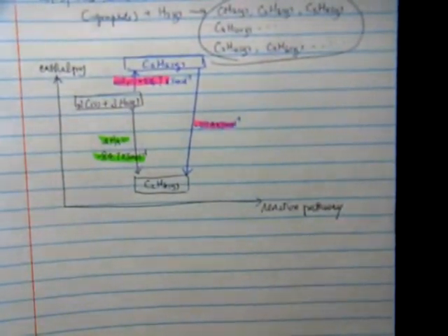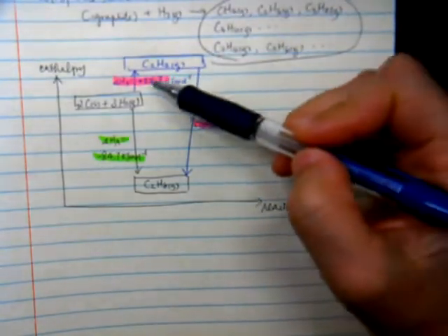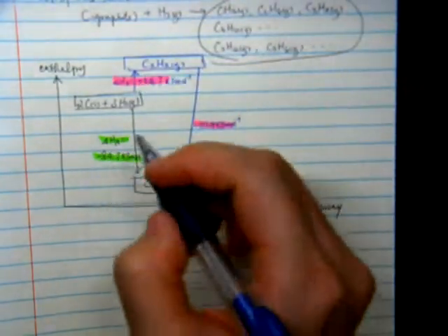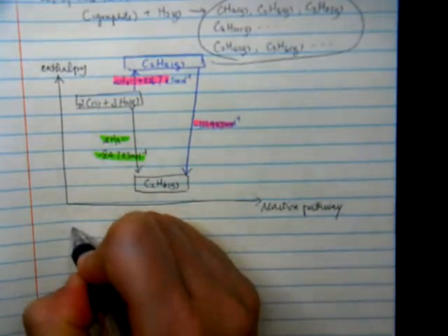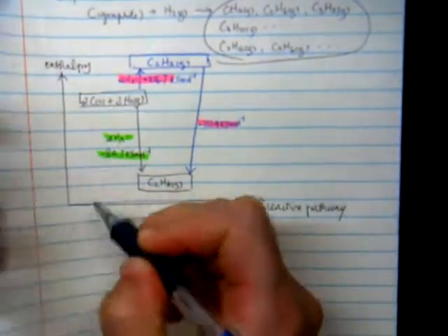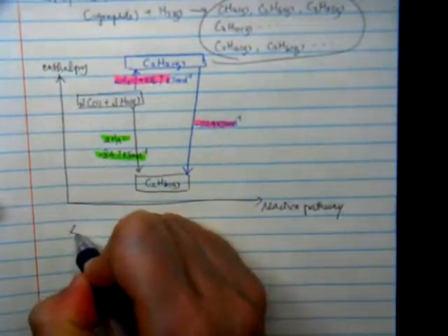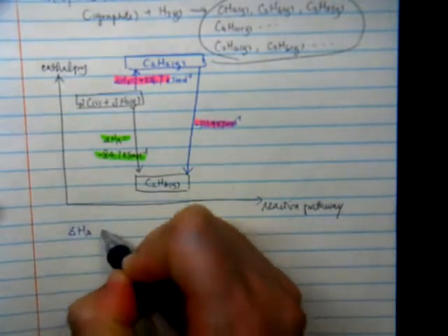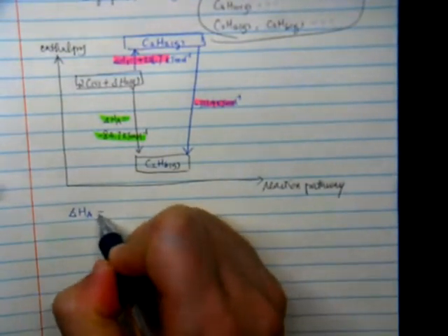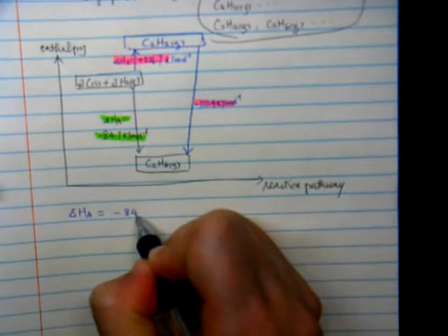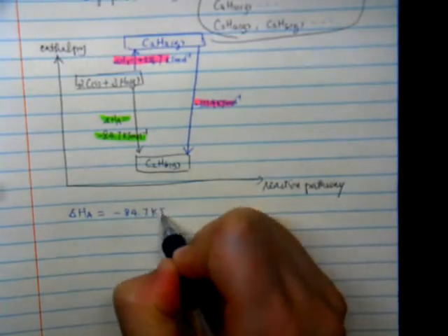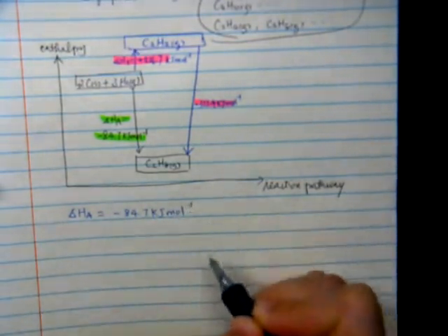Now, based on the enthalpy level diagram, can you see that? Okay, the sum. Route A first, okay? This is the first route. Route A is negative 84.7 kilojoule per mole.